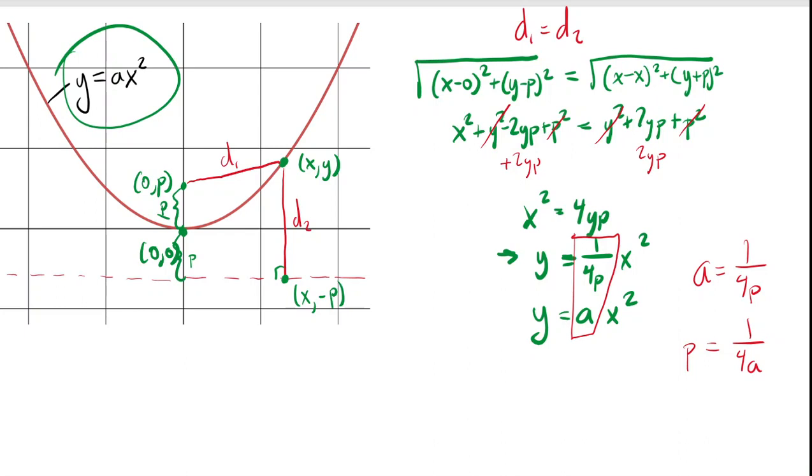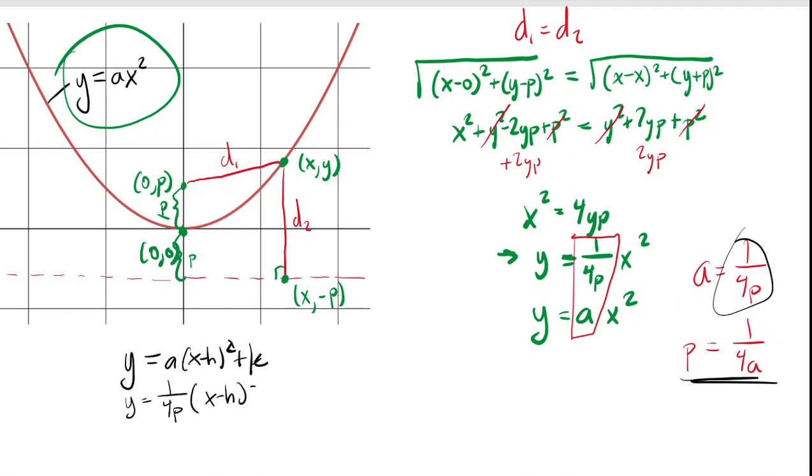So this is really significant. This relationship between a and p is something we're really interested in knowing because it's where the focus is. It's the focal length of a parabola. Also, if we use this information and do a little bit of substitution, recalling that y equals a times x minus h, quantity squared, plus k is the vertex form of a parabola, if we substitute 1 over 4p in, we'd have y equals 1 divided by 4p times x minus h, quantity squared, plus k.